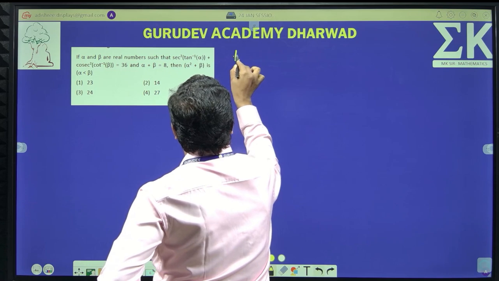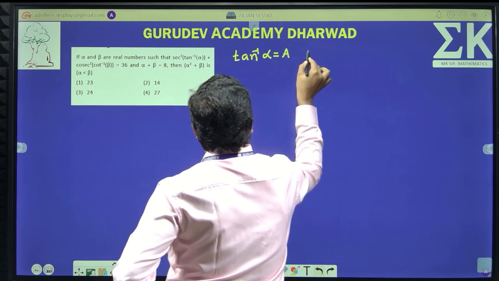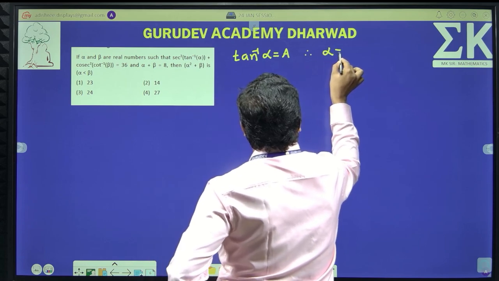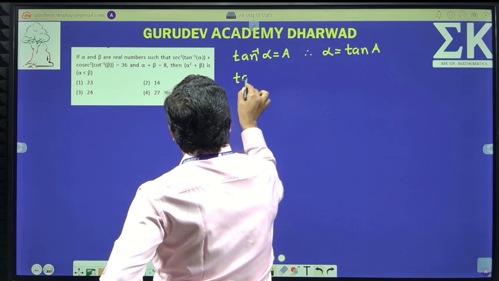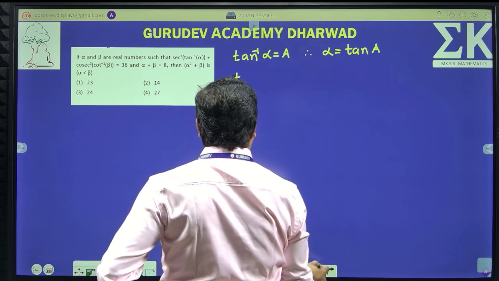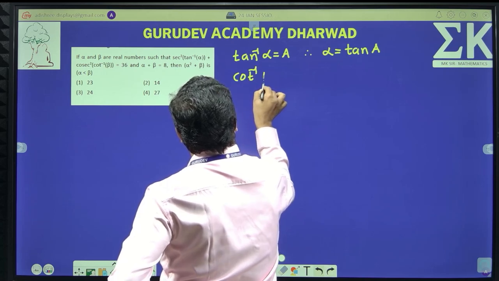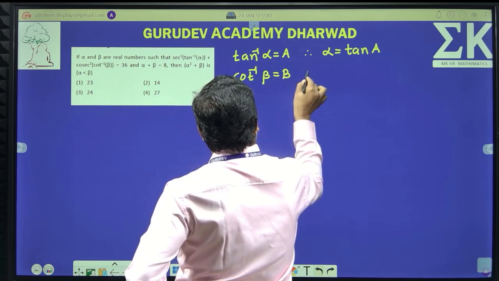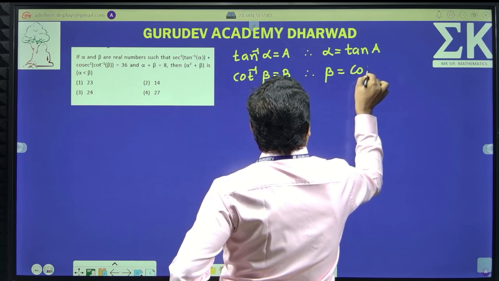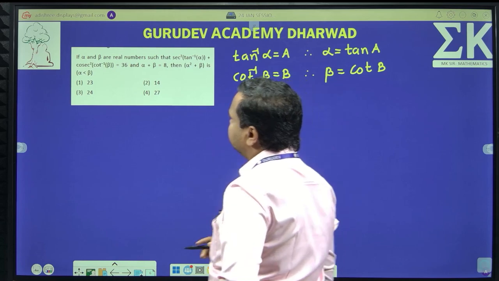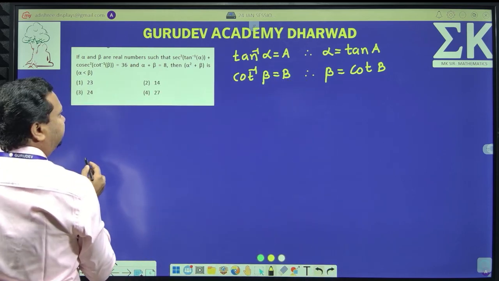So let me consider tan inverse alpha is equal to A, so that alpha is equal to tan A. Similarly, cot inverse beta is equal to B. Therefore, beta is equal to cot B. Keep this in mind because it will help me to solve the next step, right?